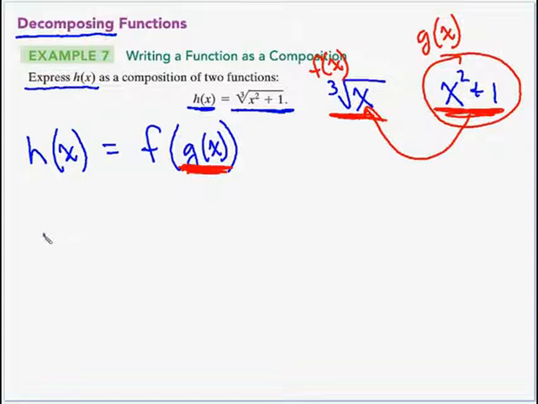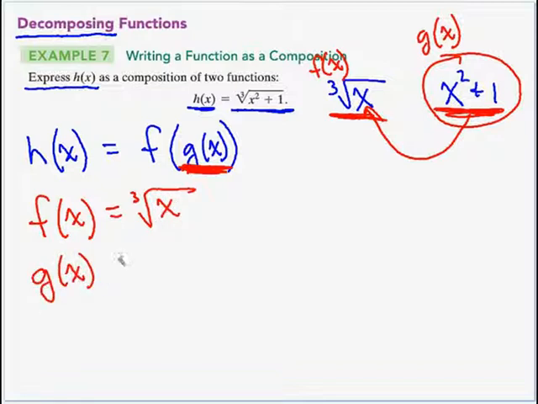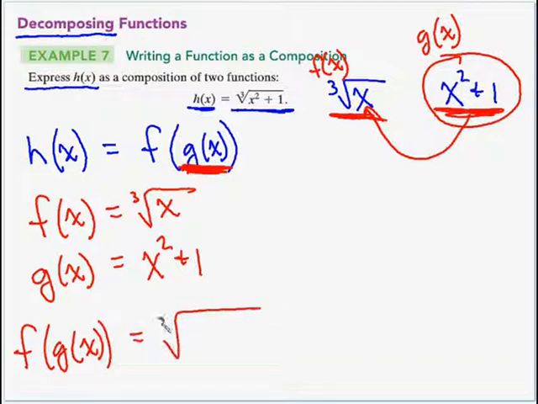So f of x equals the third root of x. g of x equals what's under the radical in our original function, x squared plus 1. So f of g of x would equal the third root of the quantity x squared plus 1, which is what they gave us. That was our original h of x.